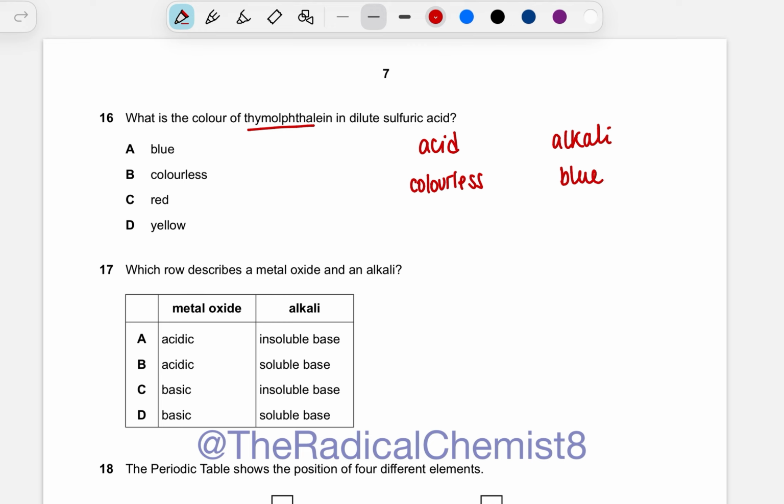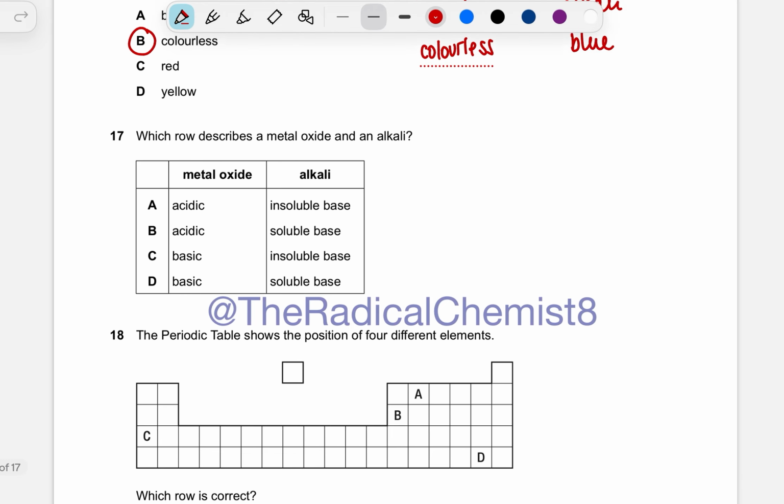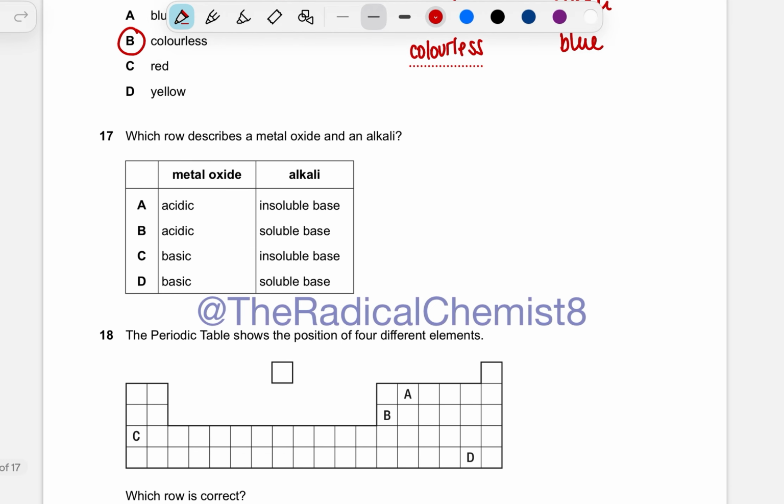So here, with sulfuric acid, the color will be colorless, so B. Which row describes a metal oxide and an alkali? Metal oxides are normally bases, and an alkali is just a water-soluble base. So in this case, it would be D.